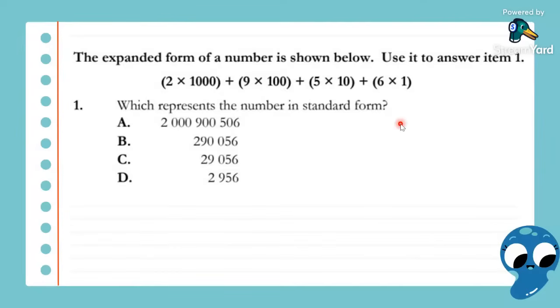So if your answer is 2,900,506, you put your answer. If your answer is 290,056, you put that answer. If your answer is 29,056, you put that answer. If your answer is 2,956, you go ahead, you put that answer. So I want to see you type your answer in the chat.